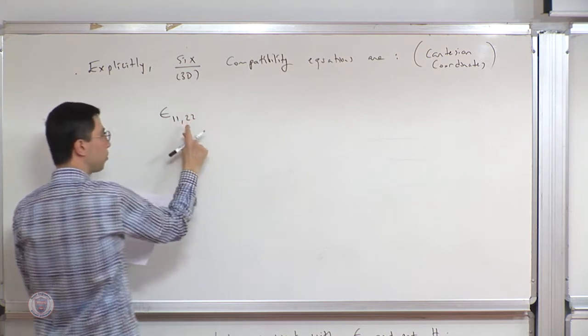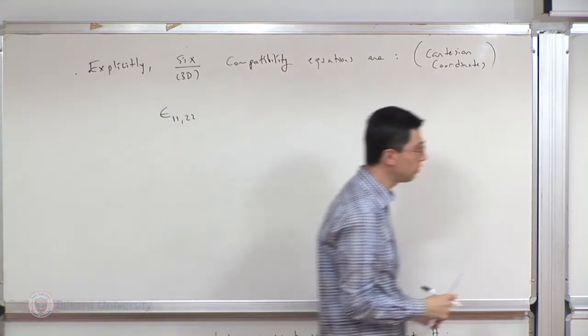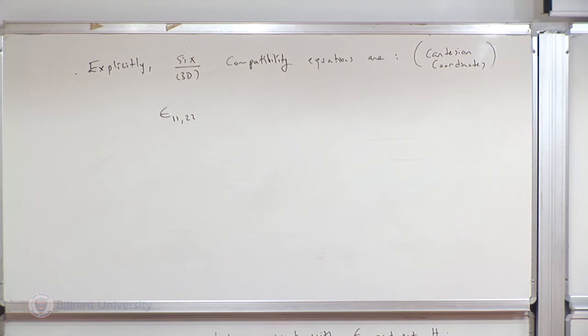So there are 2 curls, which means I have 2 derivatives. I see that explicitly here. So for every component, I have 2 derivatives.